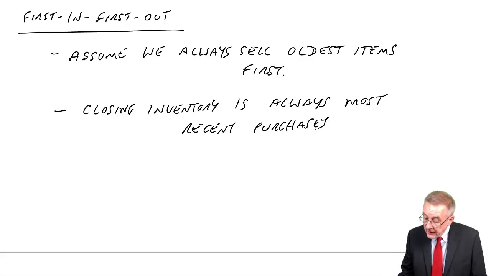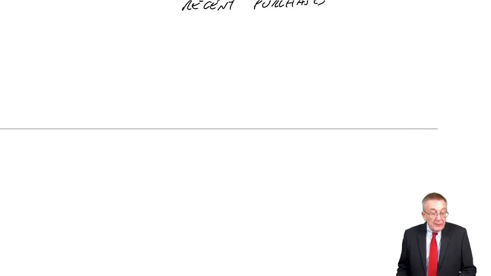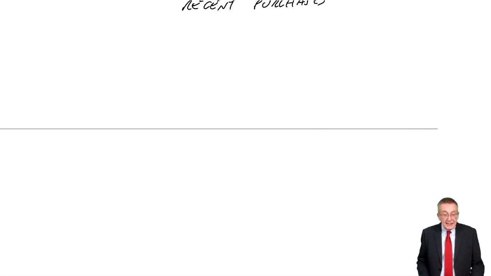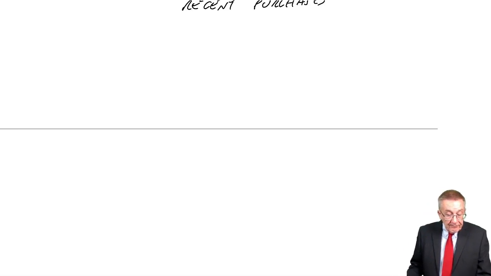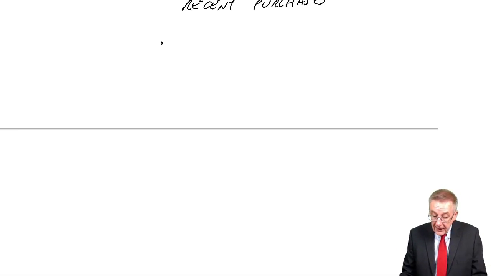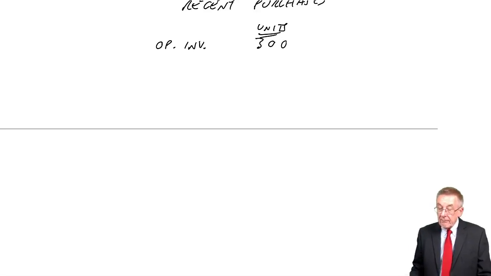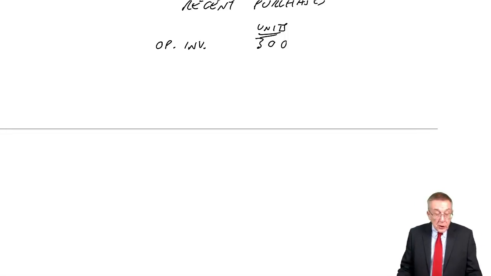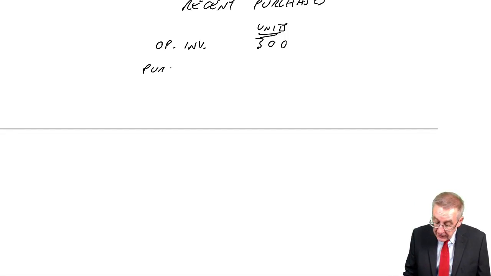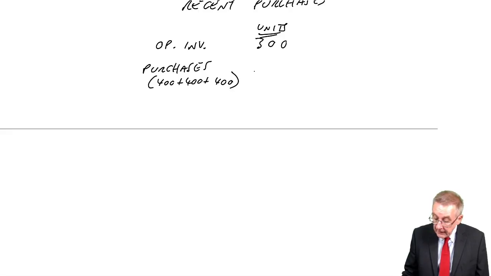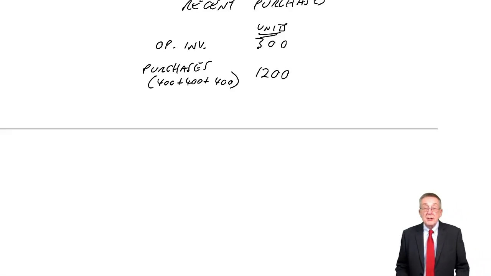So let's apply that to this example. First of all, how many are left at the end? At the start, on the 1st of November, the opening inventory, there were 300 units. During the month, we bought a lot, so the purchases, 400, 400, 400. Forget the values for the minute. We bought 1,200 units.